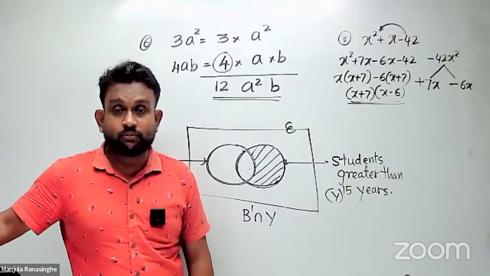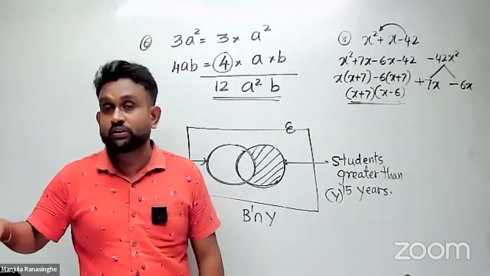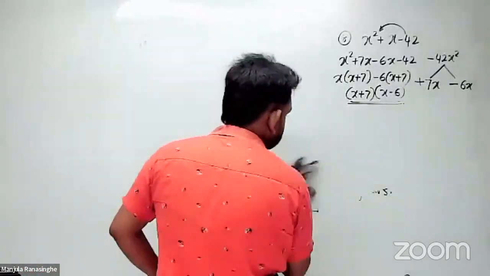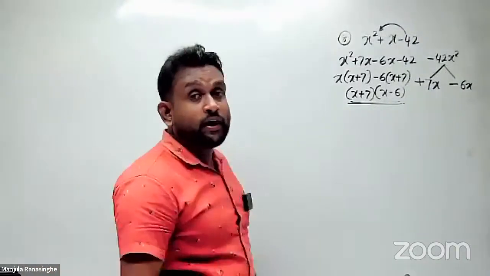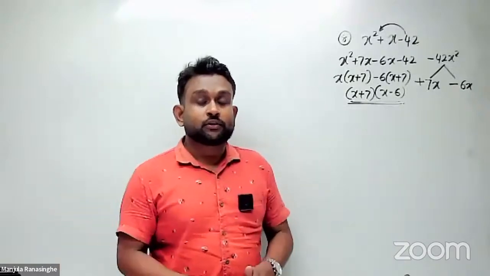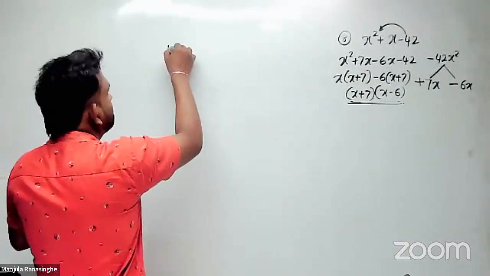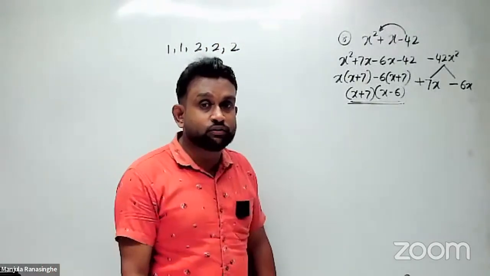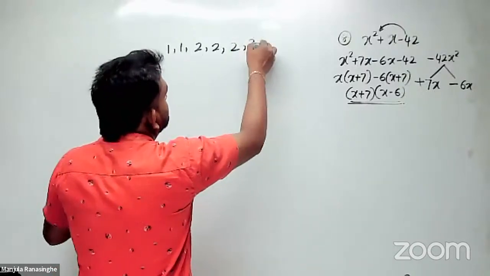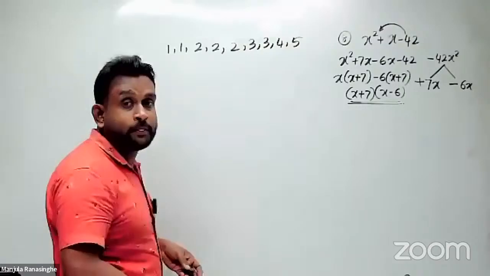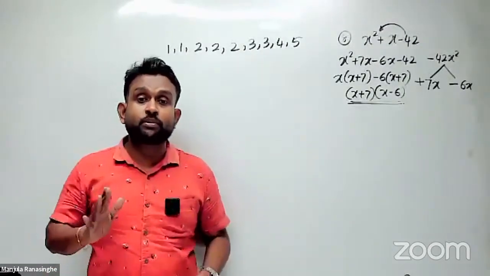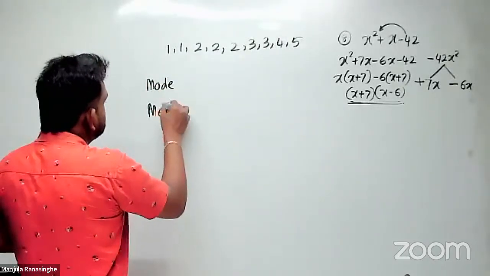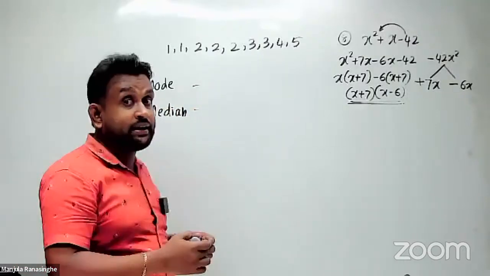Now we are moving to question number 9. Find the mode and the median of the data represented there. To find the mode and the median, we need to check the data: 1, 1, 2, 2, 2, 3, 3, 4, 5. Remember that to find the mode, it is not compulsory to write the data in ascending order.